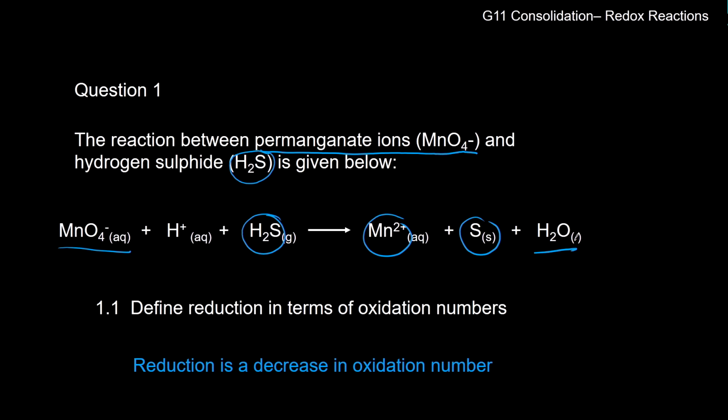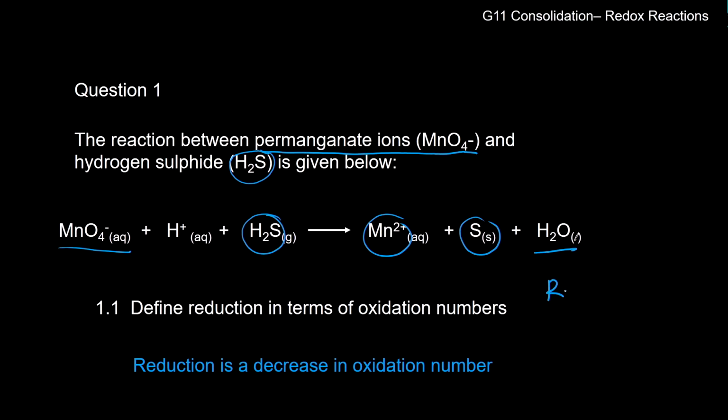So let's think about what happens in reduction. Well, if we do this, OIL RIG. So RIG is our reduction. R stands for reduction, I stands for in, and G stands for gain.